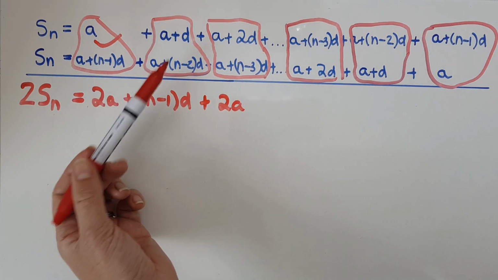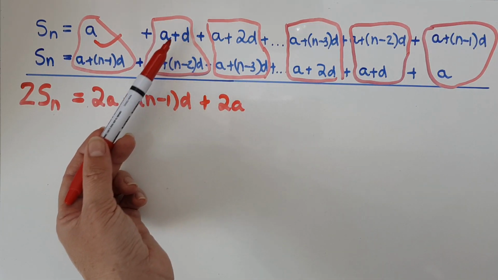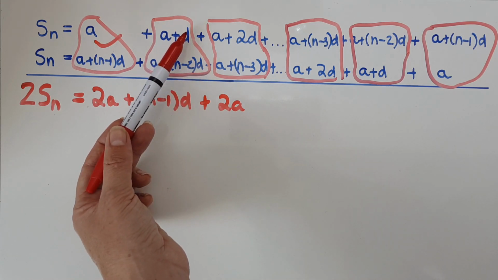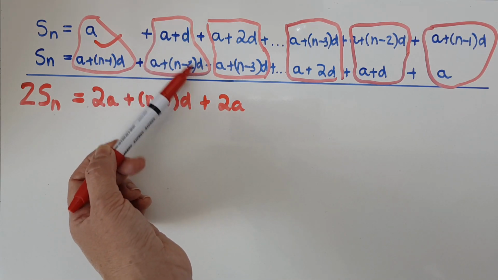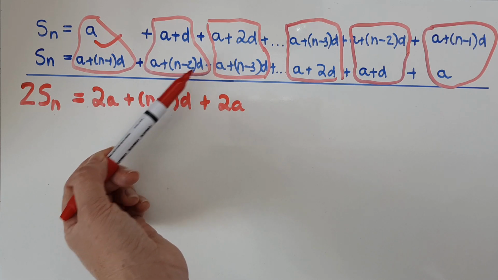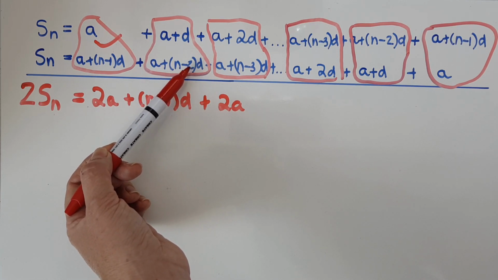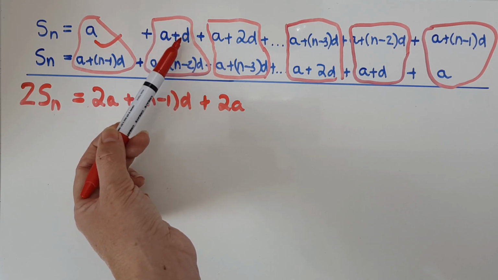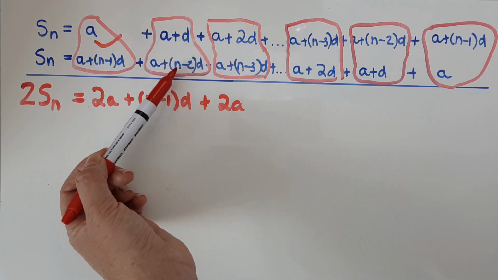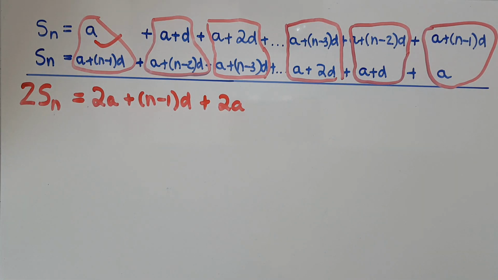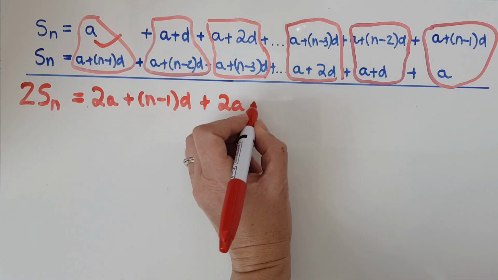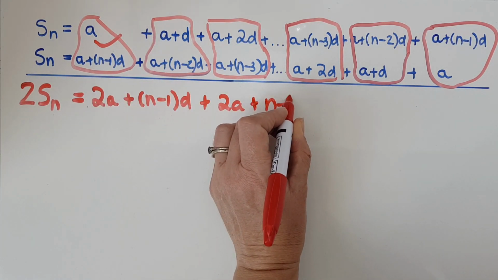What happens here when I go plus d plus n minus 2d? So 1d plus n minus 2d's. Just think that through. N minus 2 plus 1 of the d's. So that's got a coefficient of 1. This has got a coefficient of n minus 2. N minus 2 plus 1 gives me n minus 1, right? So it's going to be the same as this. So it's also going to be 2a plus n minus 1d.